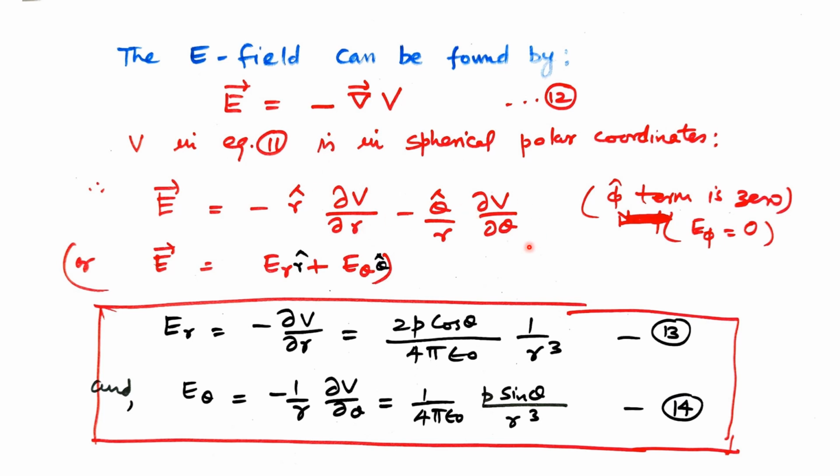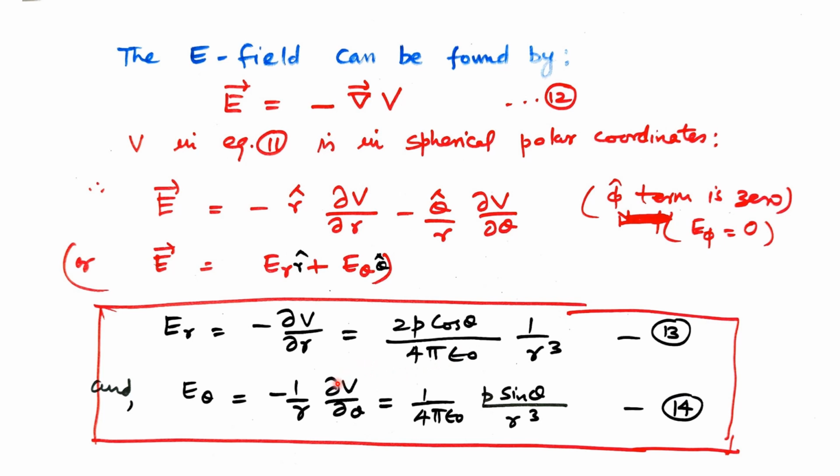So we will have to find the differentiation. E r equal to minus delta V by delta r, so it was 2p cos theta by 4 pi epsilon naught, with 1 by r square. If we differentiate 1 upon r square, it will be minus 1 upon r cube, and the negative sign will make it positive. So this is the E r term. And E theta equal to minus 1 upon r delta V by delta theta.